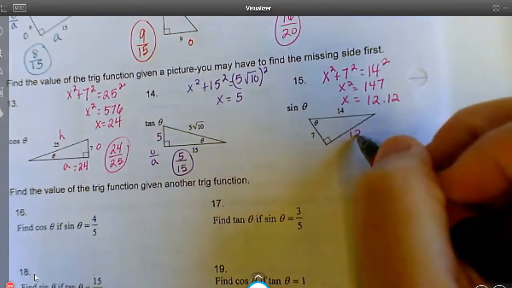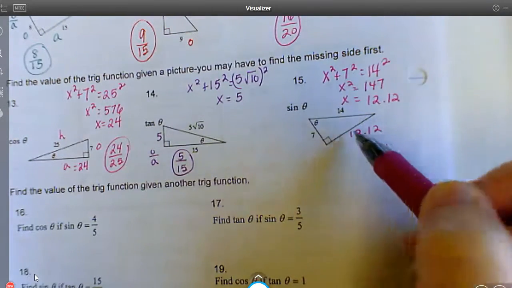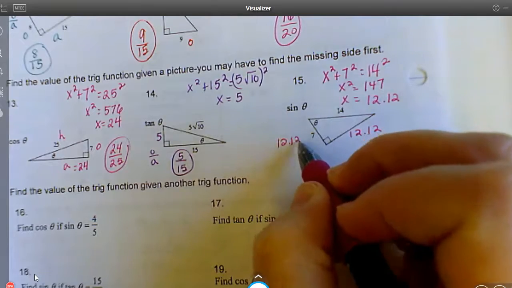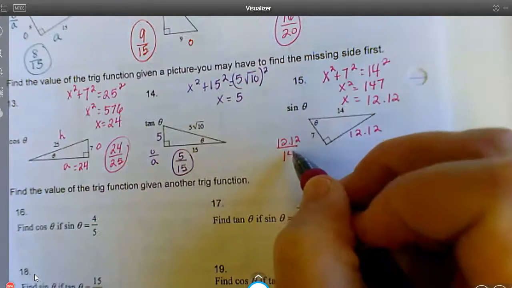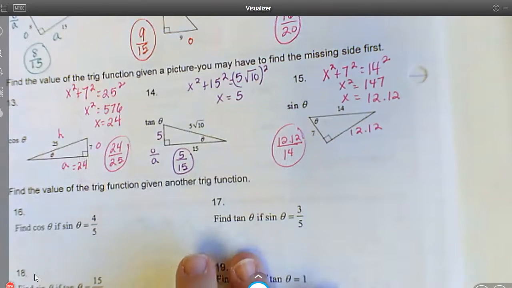Now I know that I'm trying to find sine. Sine is opposite over hypotenuse. Here's my angle. Opposite is that 12.12 that I found. Hypotenuse is 14. Again, that's probably not the way the answer might be presented to you, but if you take the choices that are given, you can figure out which one it would be.